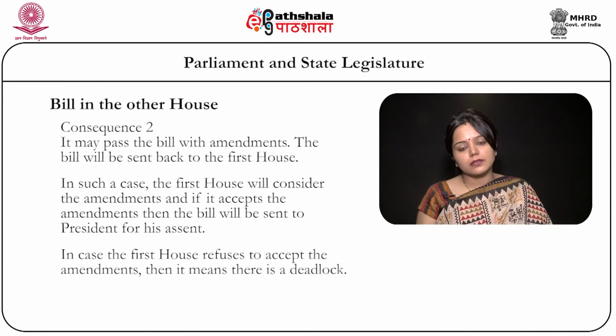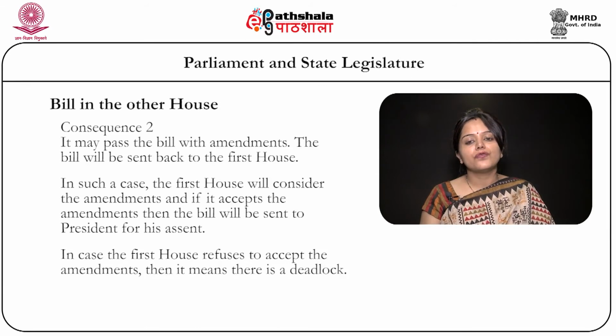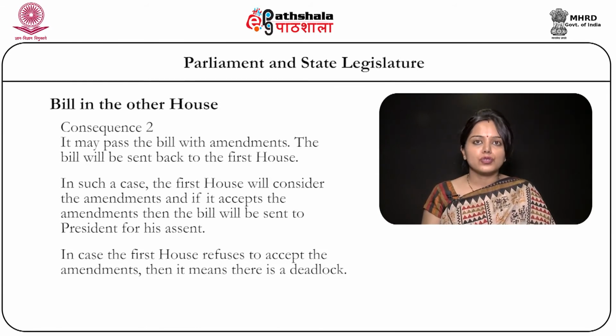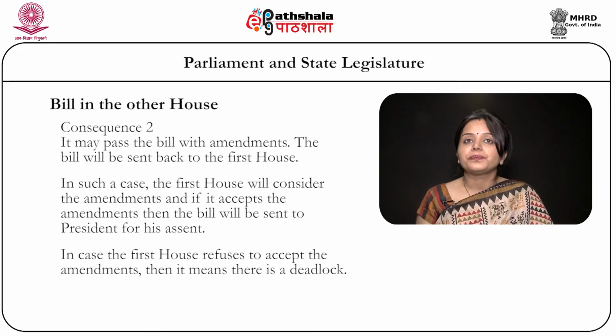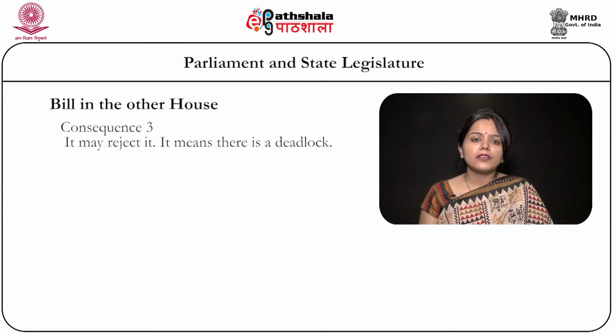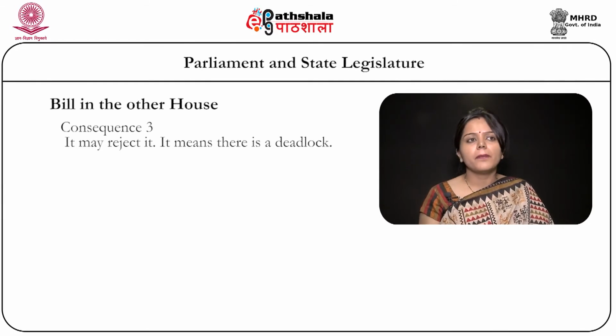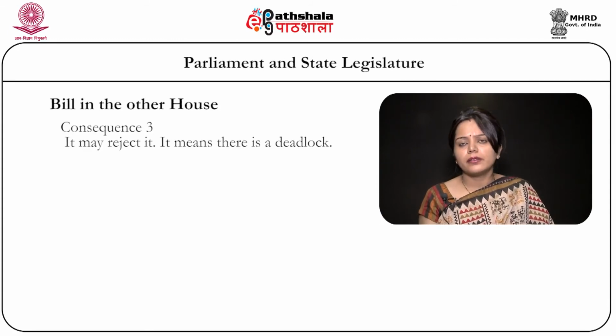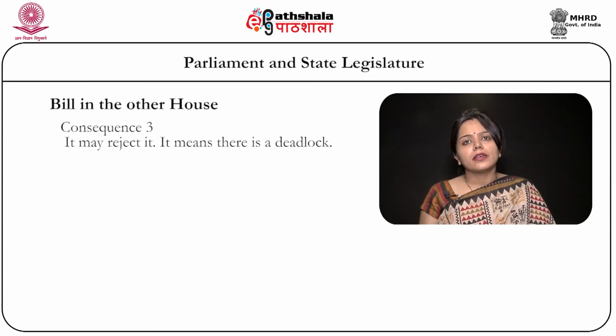And in case the first house refuses to accept the amendments, then there is a situation of deadlock. Now, the third situation: the bill may be rejected by the second house, and there is again a situation of deadlock.